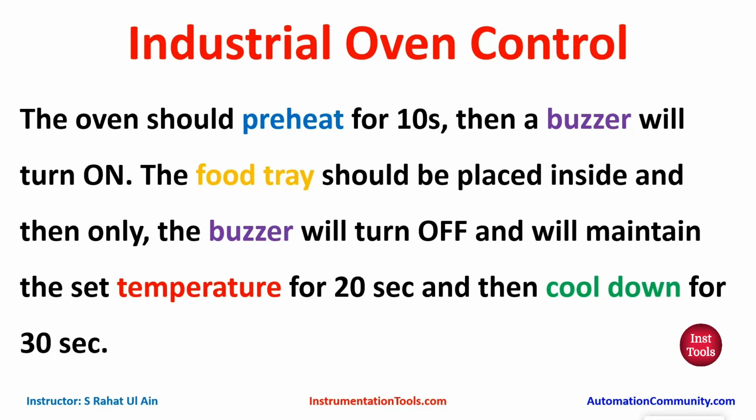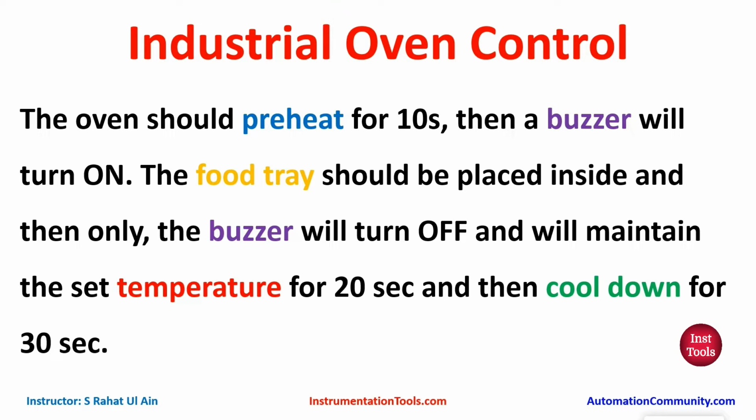For maintaining the set temperature for 20 seconds, I will use again pulse timer TP. And after 20 seconds, the process of cooling down will occur and it will be for 30 seconds.